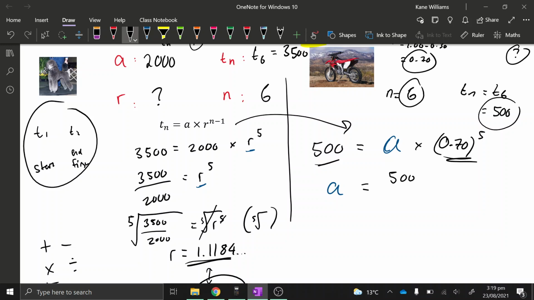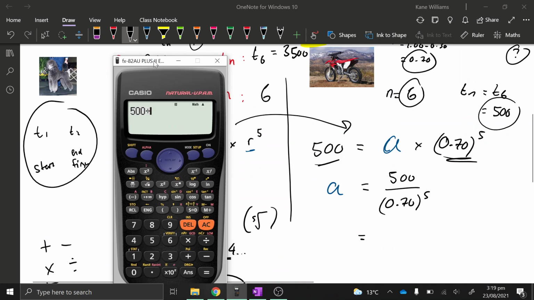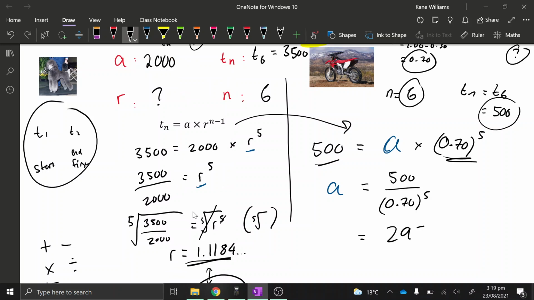So 500 divided by 0.7^5, which is 500 divided by 0.70 to the power of 5. 2974. 2974.95 dollars.